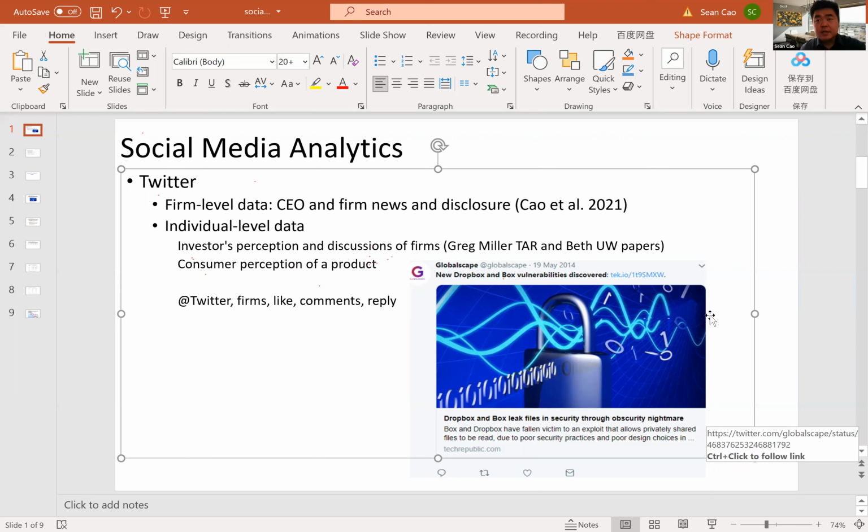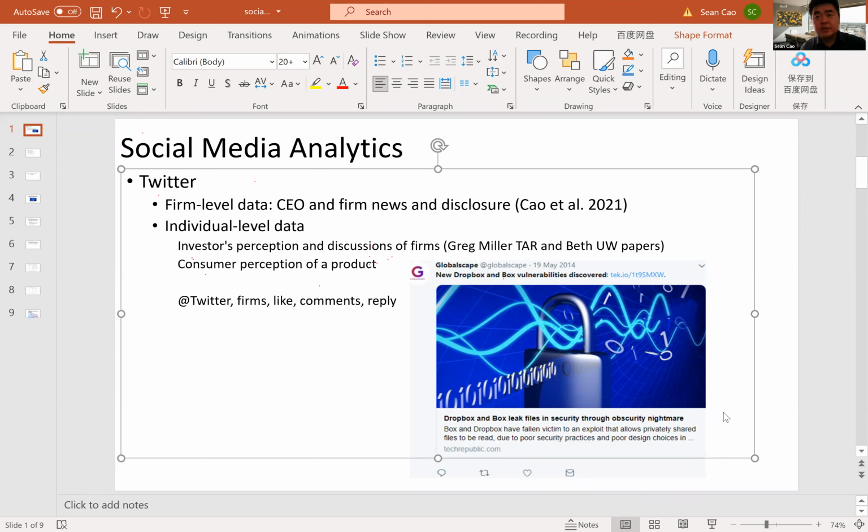On these tweets, you can find which company actually posted the tweet. That's information you can crawl online. You can also find which company the tweets are about, here the Dropbox, and you can see the content of the tweets, and the link of the news about the product.